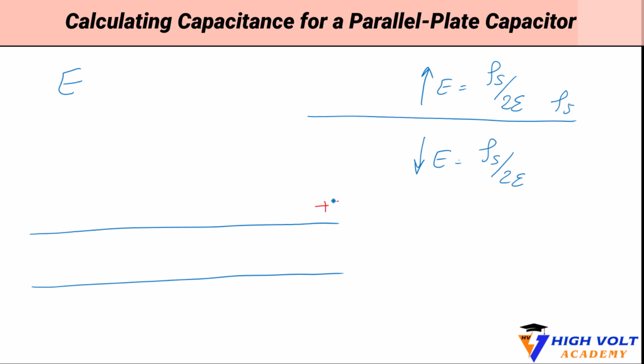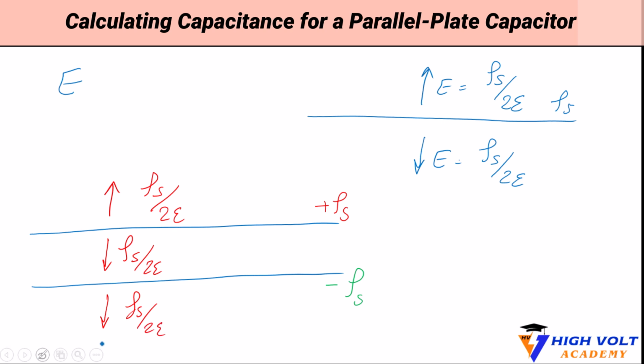The upper plate has the charge density plus rho S and the lower plate has minus rho S. I'm going to use the superposition law. First, I consider that the upper plate has electric charge, but the bottom plate has no charge. The electric field due to this plate equals rho S divided by 2 epsilon in each region.